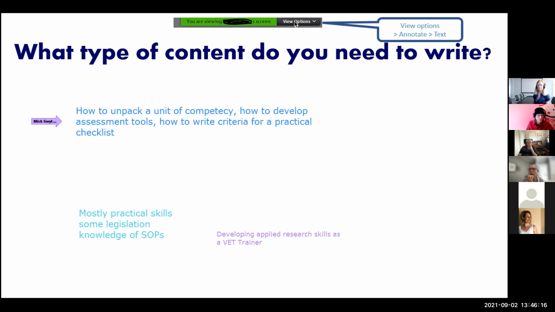So I thought I'd use an example of a unit of competency that our students are familiar with, and do some demonstrations, helping them to see what works and what doesn't work when you're developing an assessment tool for a practical unit or a practical assessment.